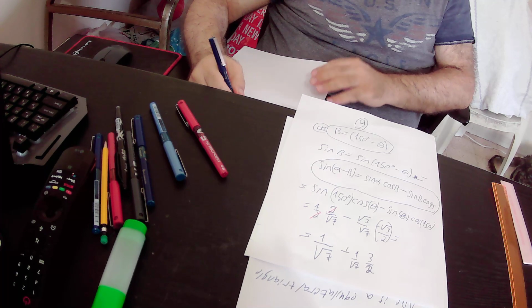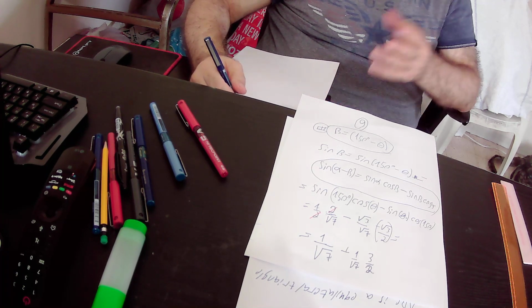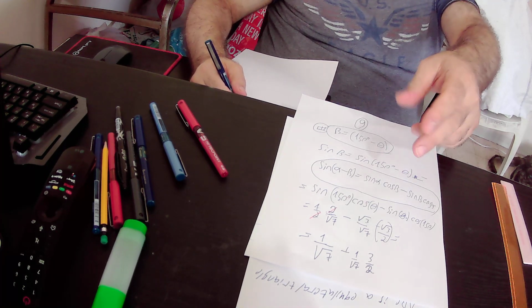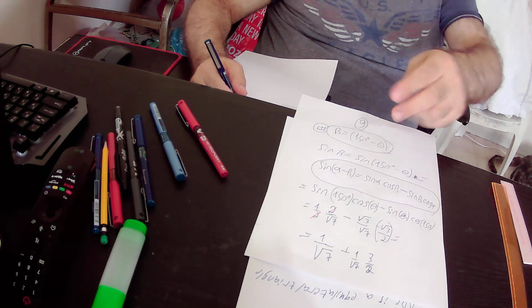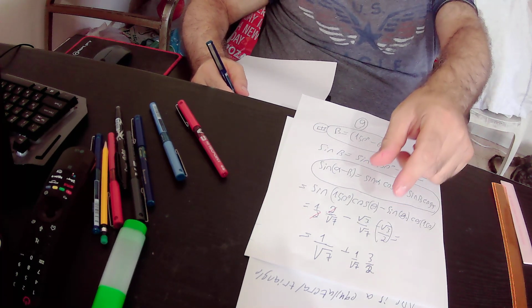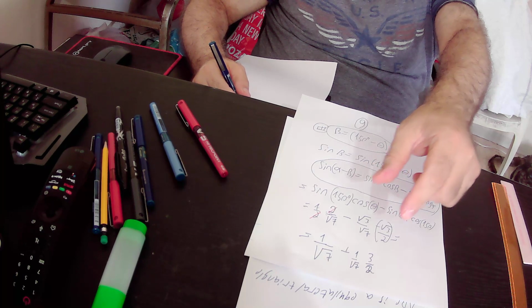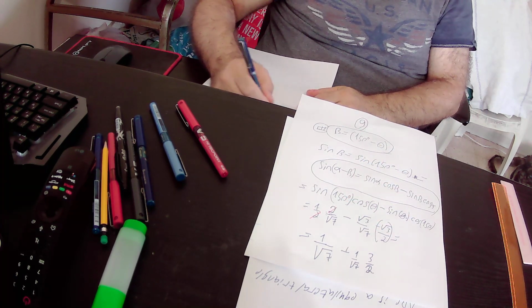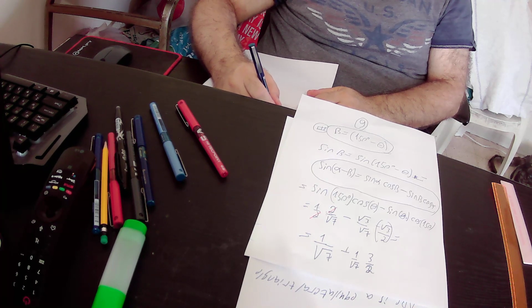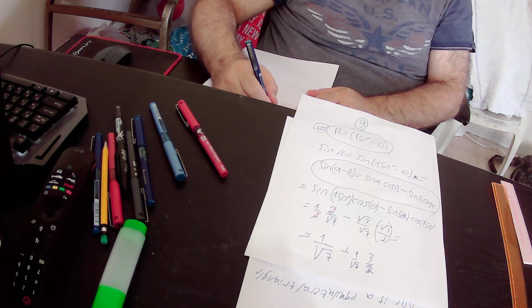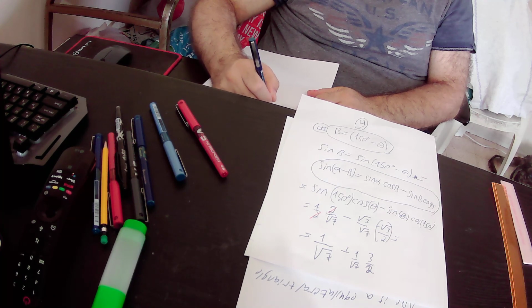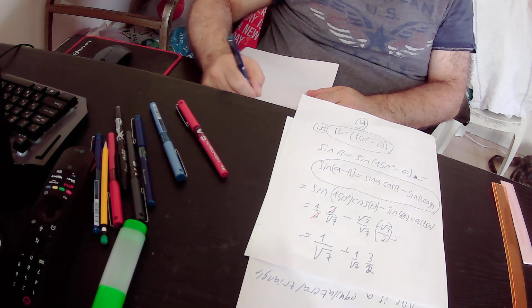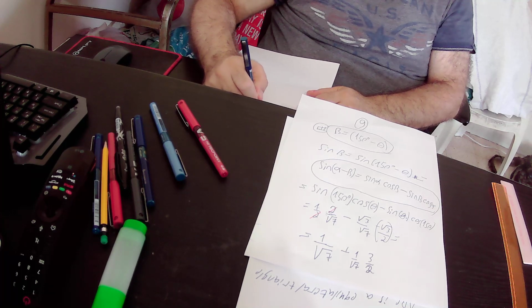So 1/√7 is a common factor. We will take a common factor of 1/√7 on this expression, and in brackets we will have 1 plus 3/2.